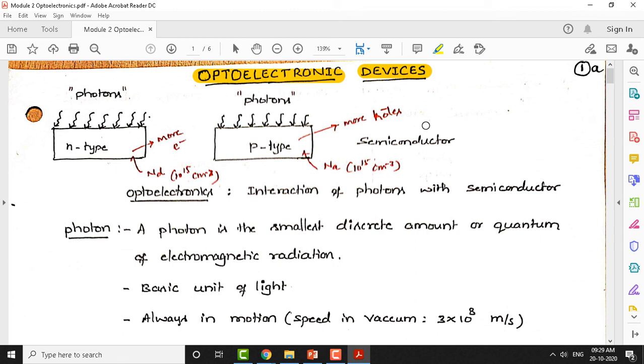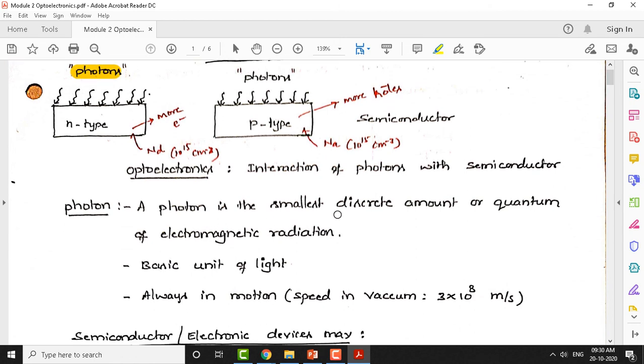In general, an optoelectronic device is one of the important areas of electronics, which deals with photons and their interaction with electronic devices. Semiconductor behavior changes depending on the impact of photons. Photons are the smallest discrete amount, or quantum, of electromagnetic radiation.